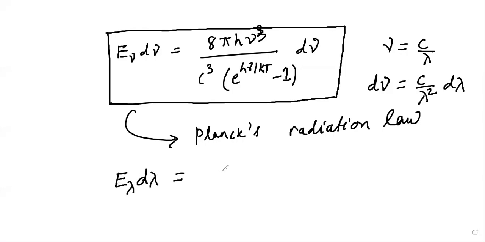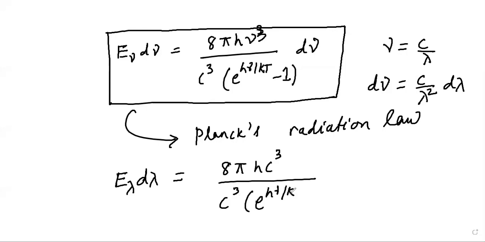Nu cube is equal to c cube by lambda cube, and d nu is c by lambda square d lambda. So just simplify, cancel whatever you can cancel.